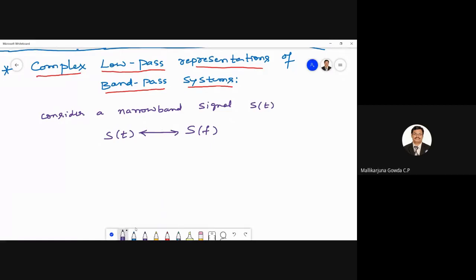Already I told what a bandpass signal is and how we represent it. I expect you people to quickly say it. How can I represent graphically the bandpass signal?